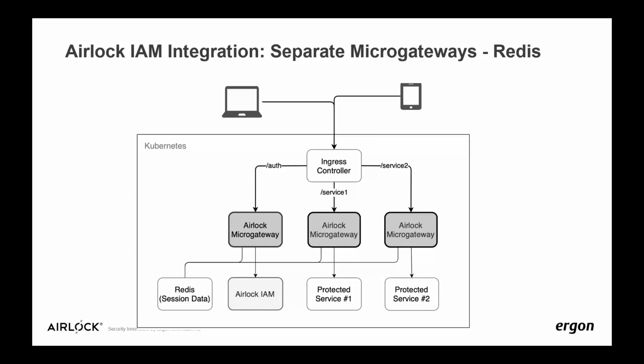You have one mapping per microgateway, you have one service per microgateway, but all the microgateways are connected to the Redis and do the session sharing there. So if someone is authenticated by the IAM, these services will know through the Redis database that the user is authenticated, and then would allow access to the corresponding service in the background.